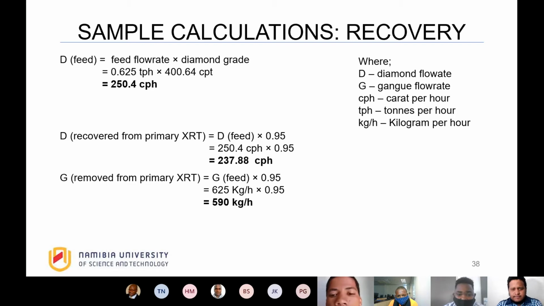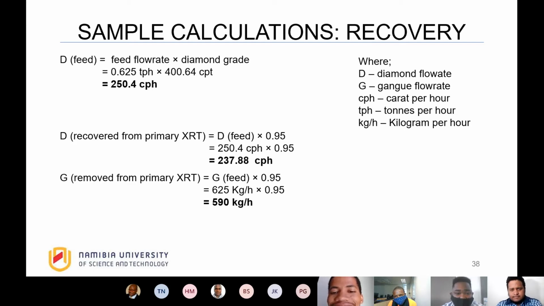The gank removed from your primary XRT will be that gank in the feed multiplied by the 0.95, which again shows the 95% efficiency of your primary XRT machines, which gives about 590 kilograms per hour.